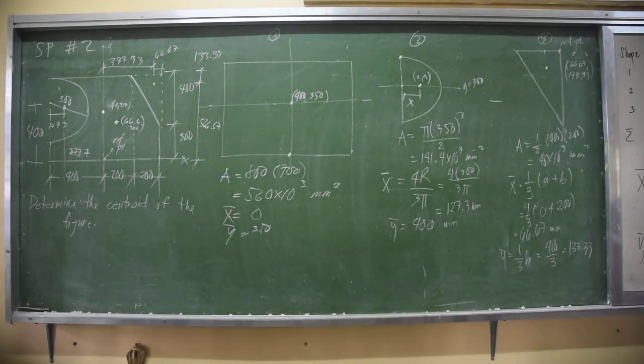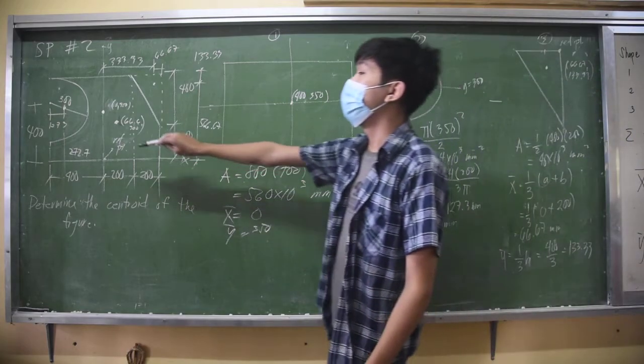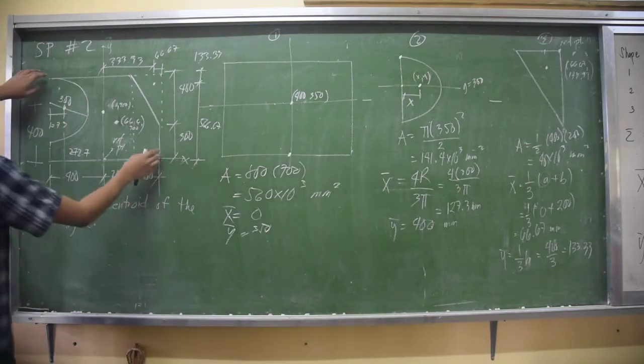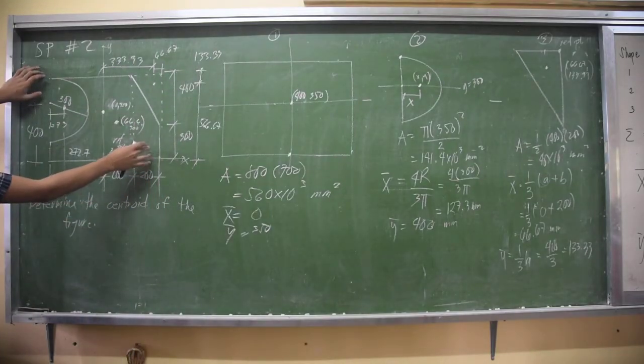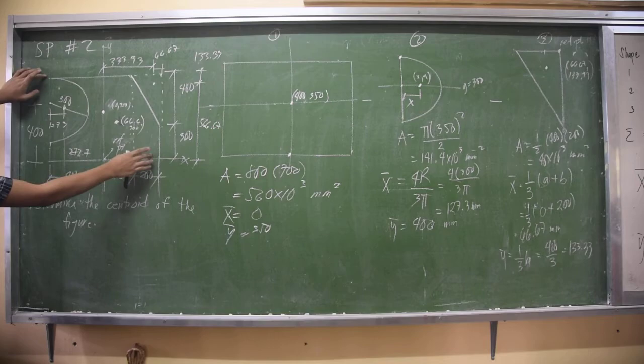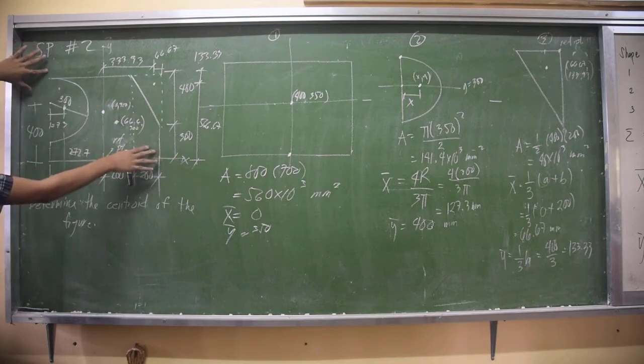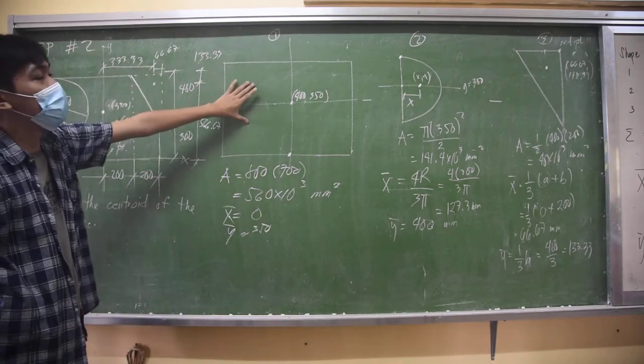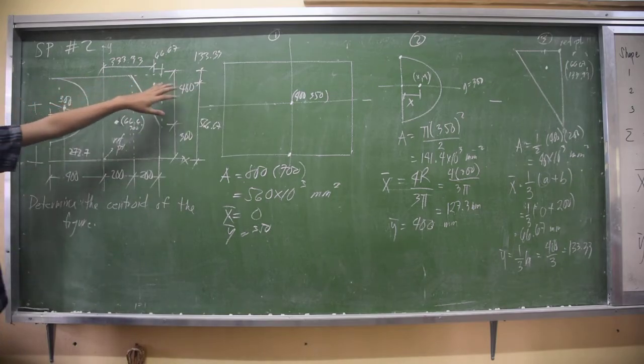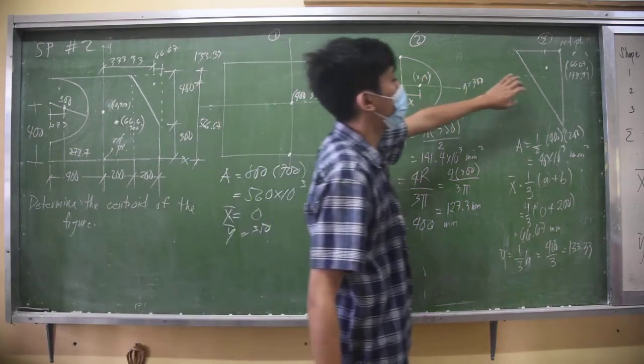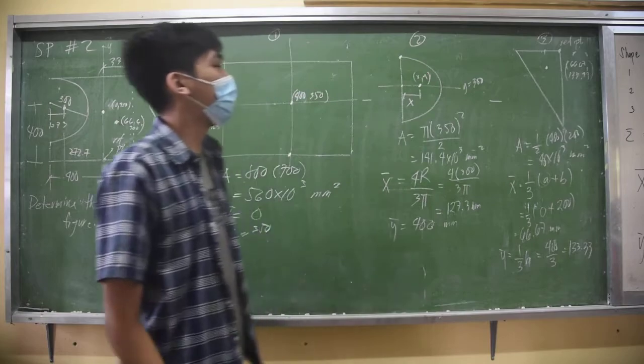So, unang step is mag-determine kayo ng reference point ninyo sa original figure ninyo. Then, kunin nyo yung pinaka-simpleng shape or basis ng shape ninyo. For example, figure na to is rectangle. Then, kunin nyo yung mga kailangan nyo bawasan or yung mga common shapes na kailangan nyo bawasan.